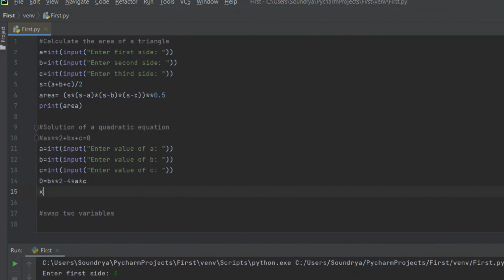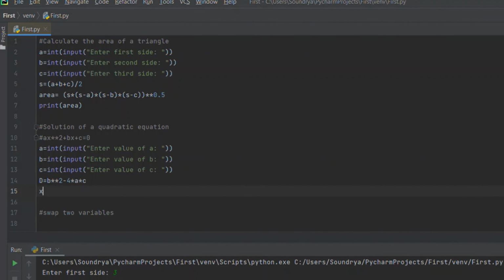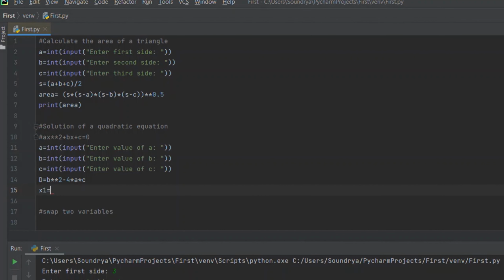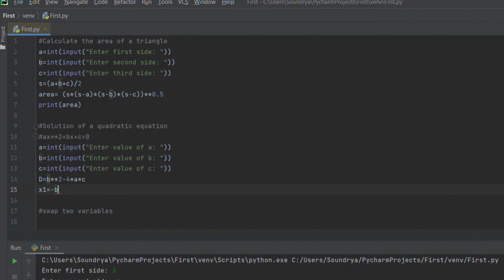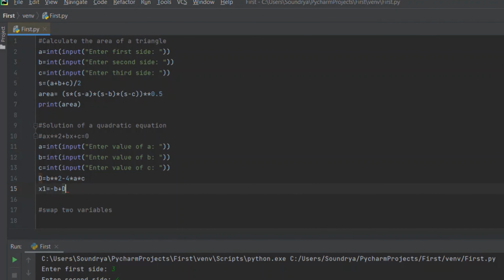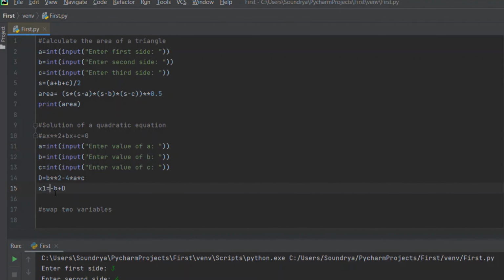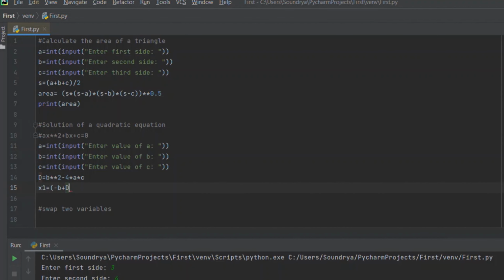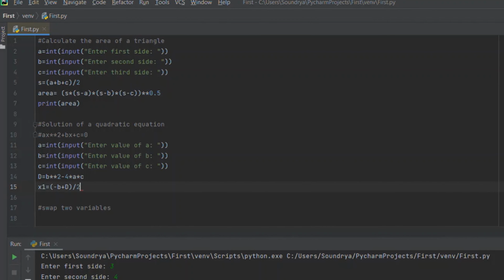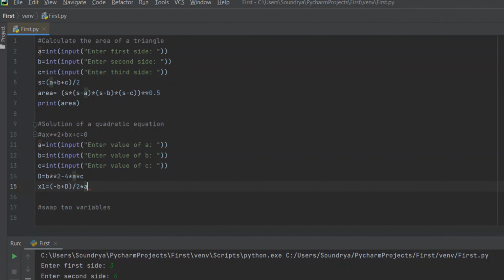We know we have two solutions of a quadratic equation. So let x1 equals (minus b plus d) whole divided by 2a.